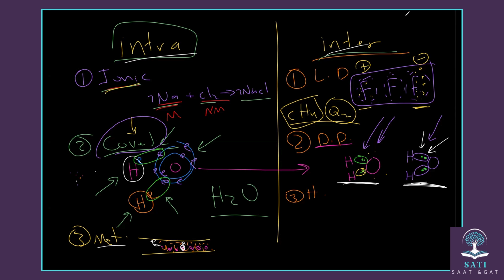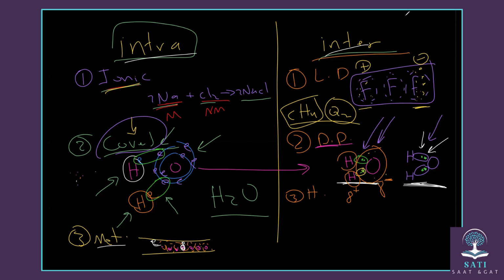As a result, we will classify this part as the partially negative side, and this part as partially positive. In general, in chemistry, the side that has more electrons is going to be negative, and the side that loses electrons will be positive.